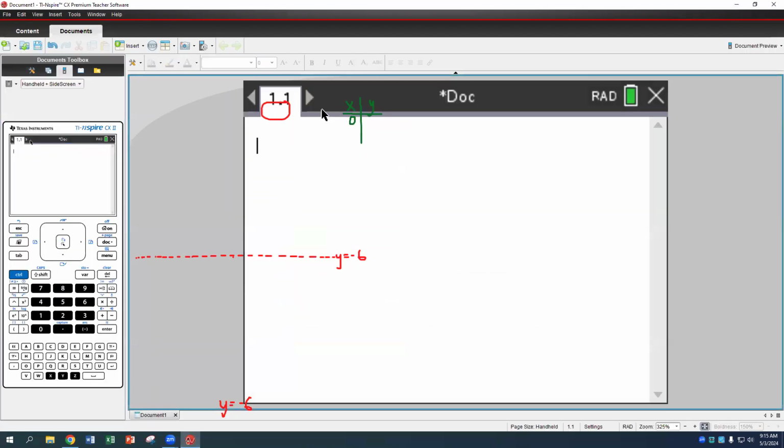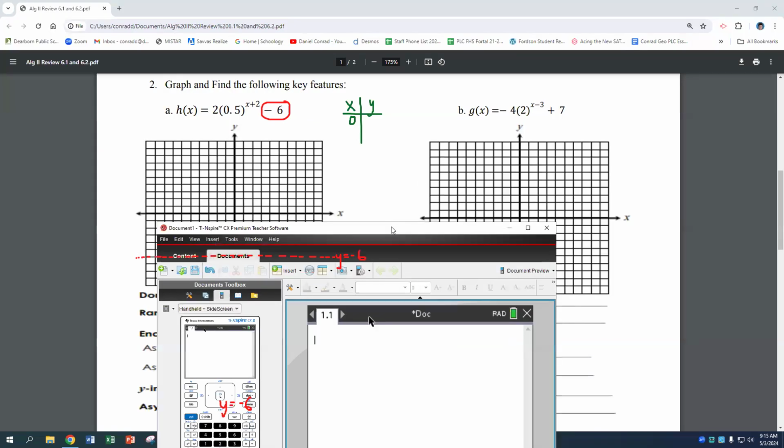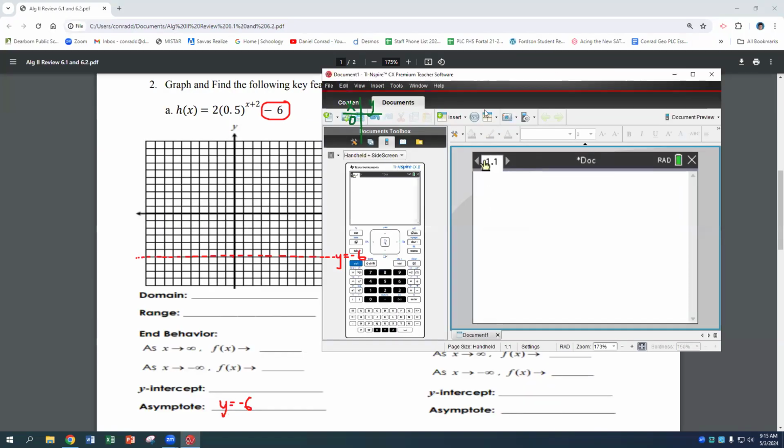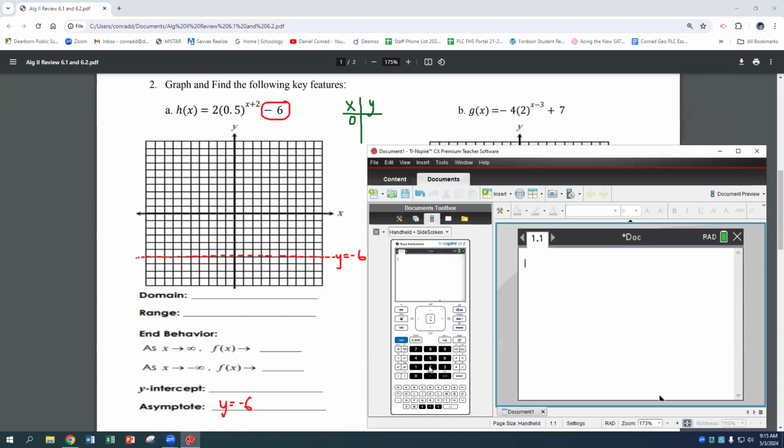I'm going to do 2 times, in parentheses, 0.5 to the, instead of x plus 2, I'm going to do 0 plus 2. And then -6. I hit enter, and I'm going to get -5.5. That makes sense.